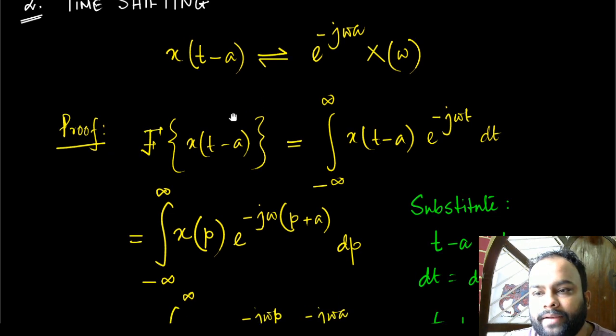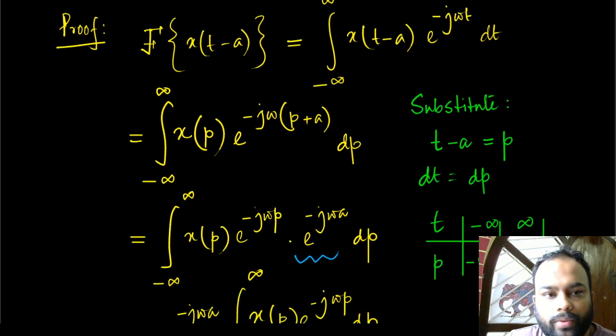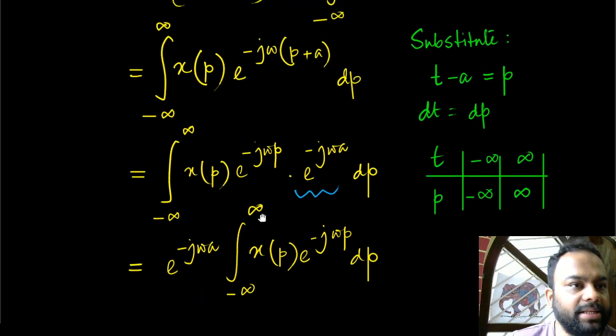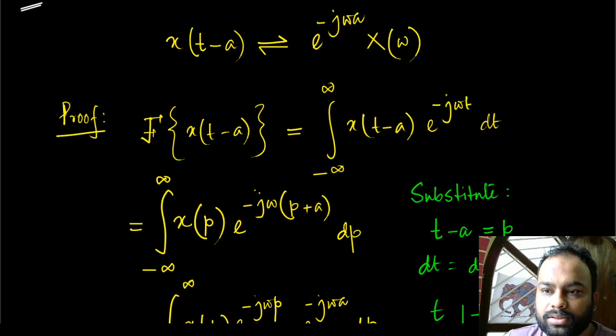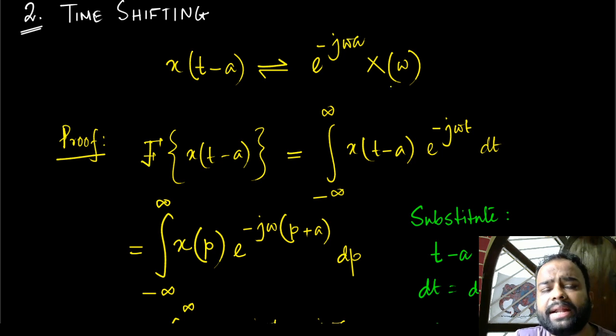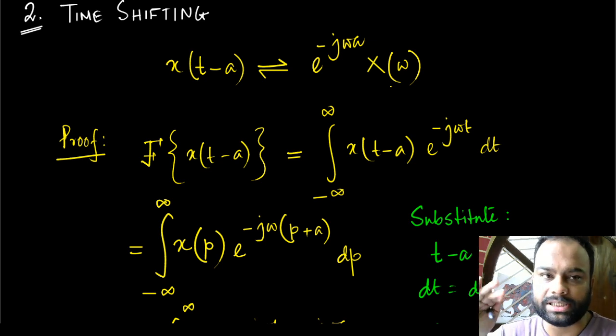So with that said, this is the property we are going to use. If you have any query, please feel free to ask. So again, try to understand that X(omega) is the Fourier transform of the original signal.